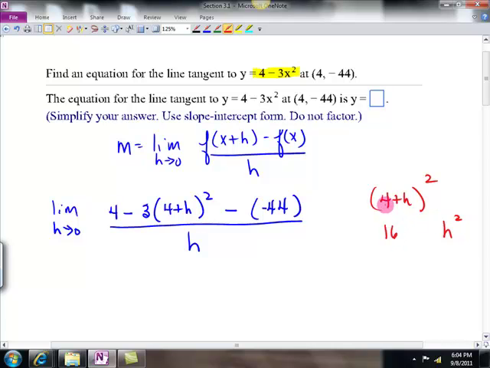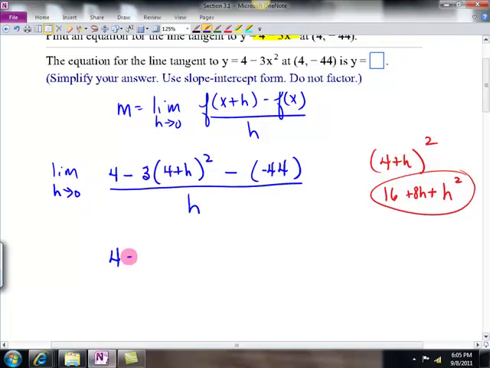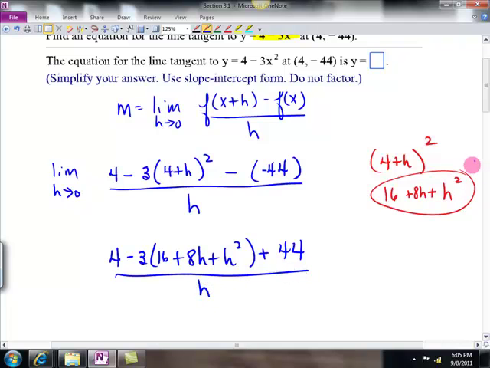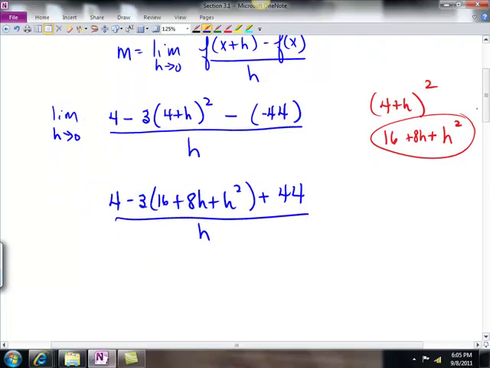For the middle term, it's that times 2, so 8h. So there's that squared. So we're going to put that in: 4 minus 3 times 16 plus 8h plus h squared plus 44 all over h. And you guys can continue and probably do that faster than me.